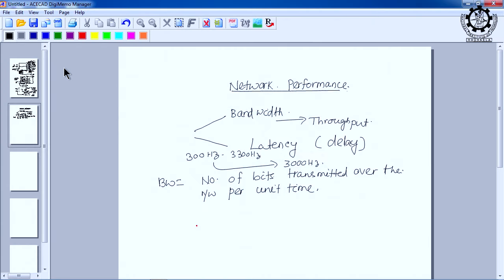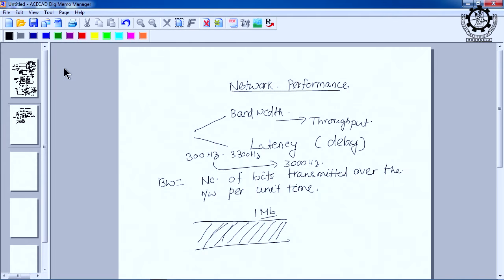If I have a cable like this or a channel, and the capacity of the channel is 1 MB, what do you mean by this? The channel capacity is 1 MB, meaning a total of 1 MB of data it can hold at any point of time, right. Maximum 1 MB of data can be sent into the channel and it can transmit.